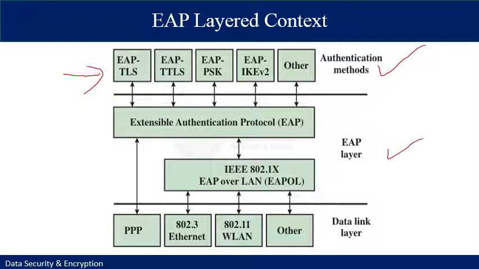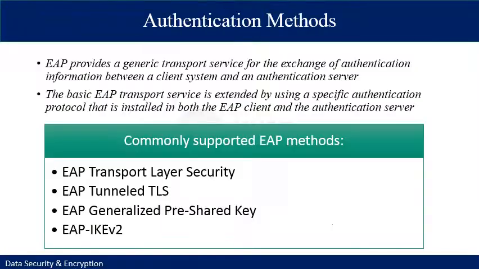And there is an EAP layer which extends the IEEE 802.1X protocol, which is implemented over the LAN, and certain protocols are implemented on the data link layer as well. So the EAP layer supports multiple authentication methods. This is what is meant by referring to EAP as extensible.